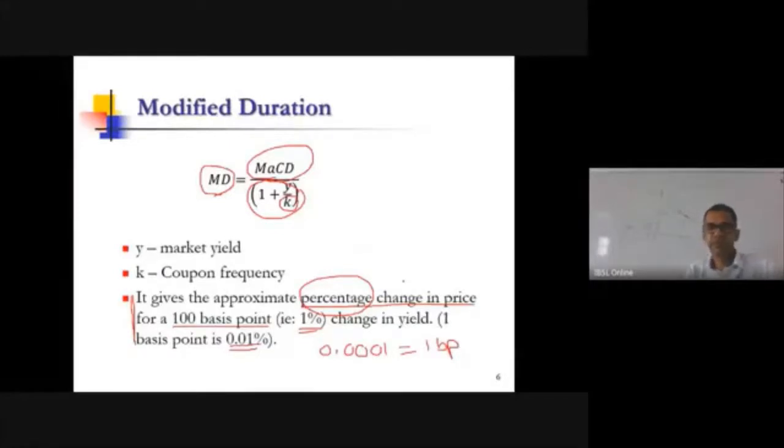So before we move into effective duration, I'll show you in Excel how to calculate the duration.